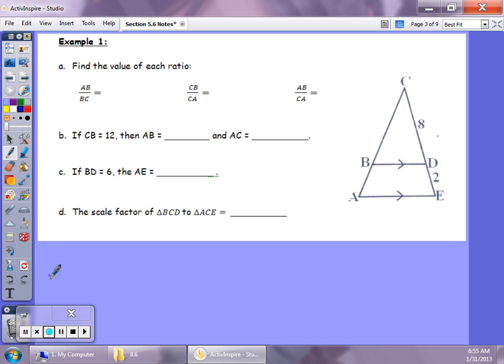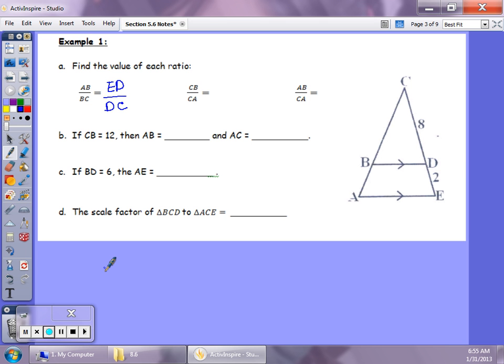For the triangle on the right, we're going to find the value for each ratio below that completes the ratio and makes them proportional. So if we have AB over BC, that is going to be equal to ED over DC.